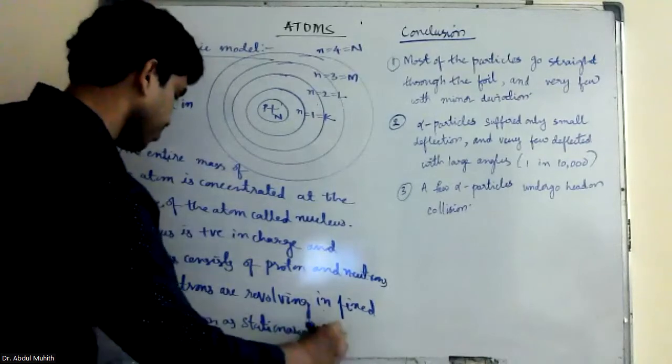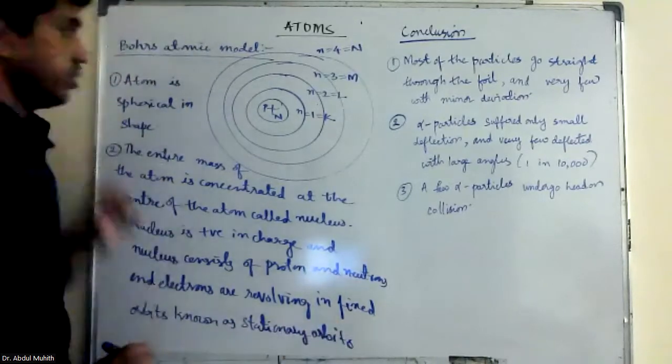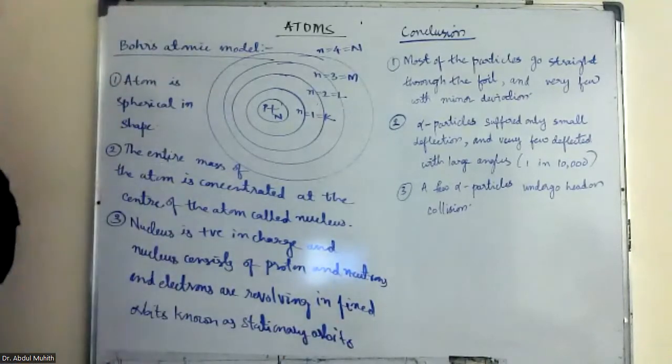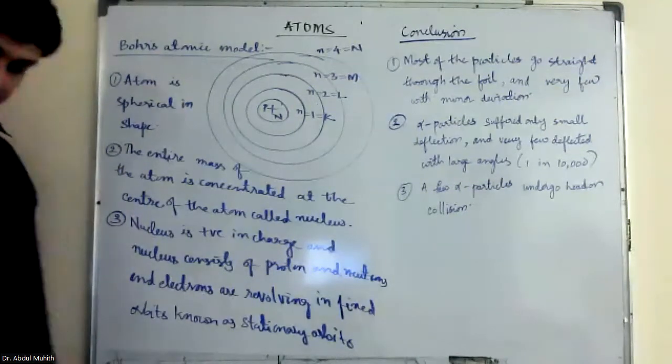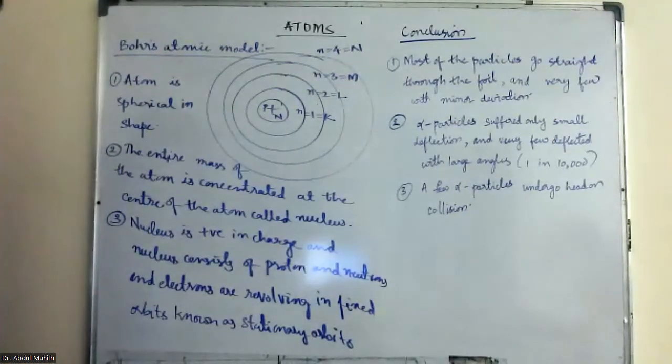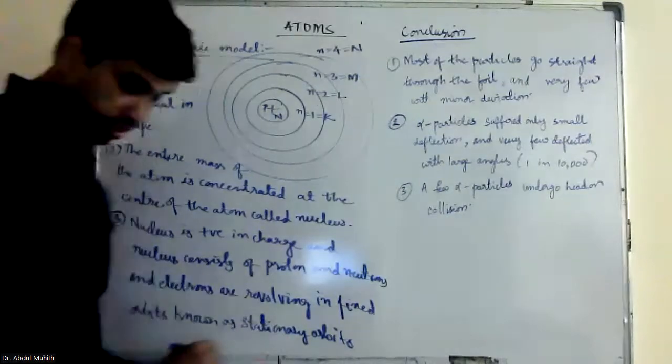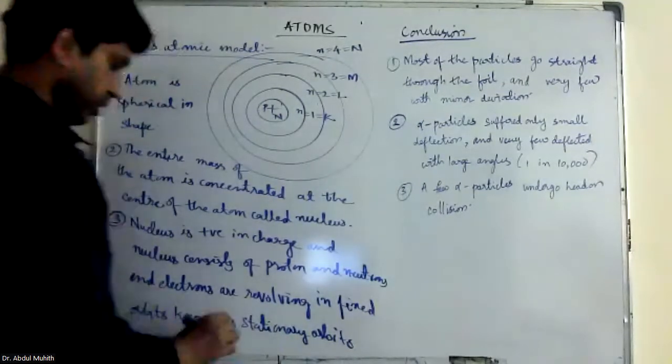So they have given the name. They are revolving around the nucleus in fixed, particular orbits known as stationary orbits.